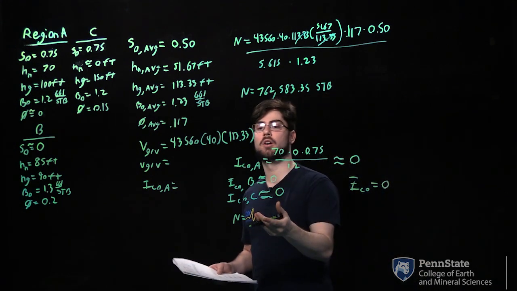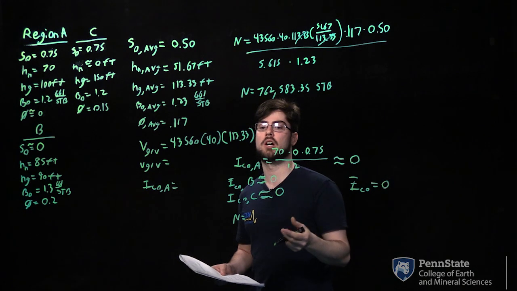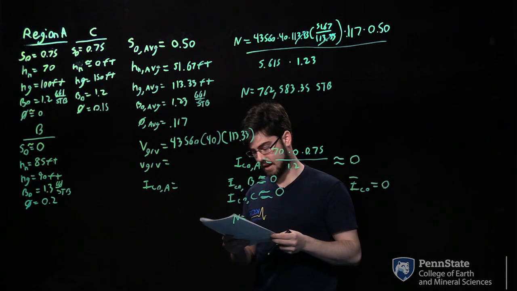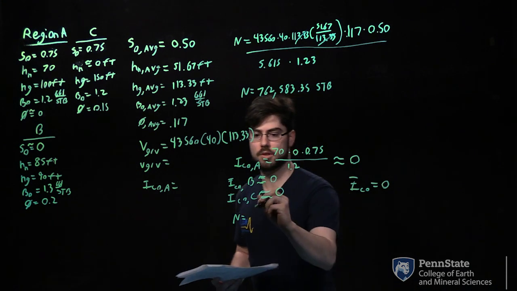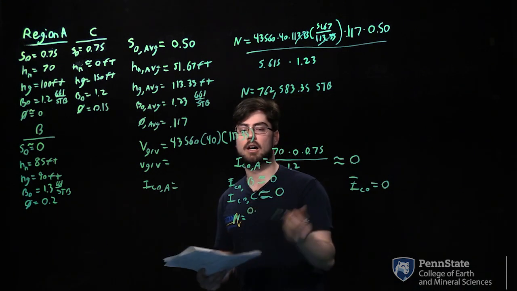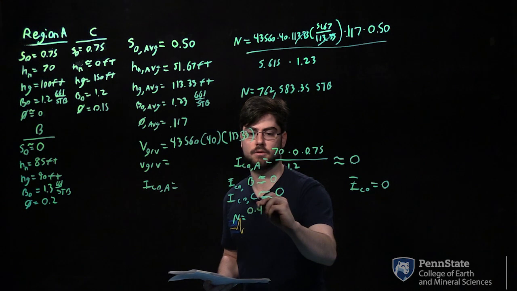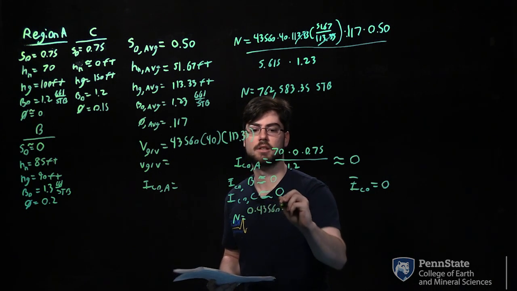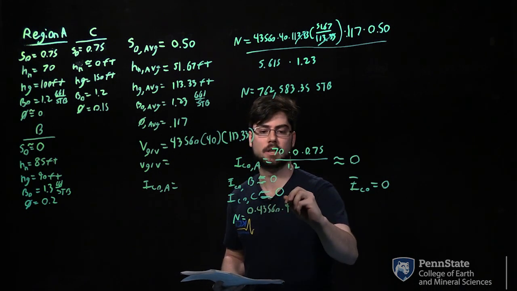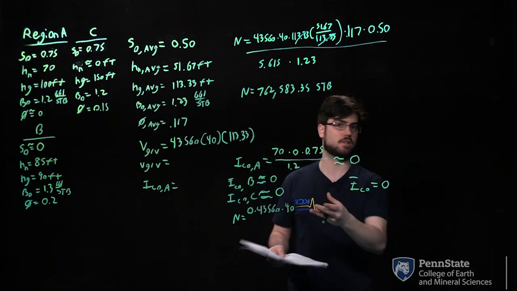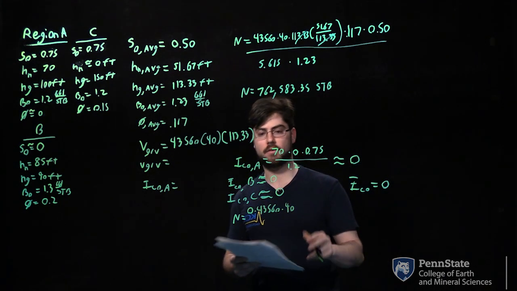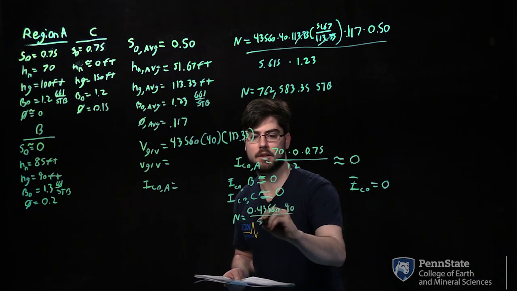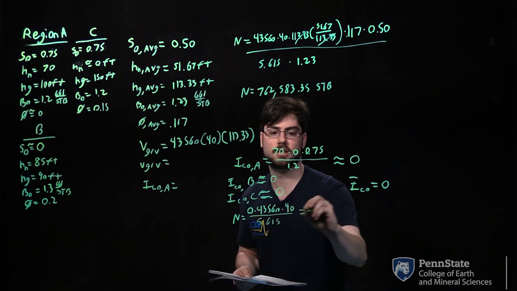So when you're calculating your oil in place using the ISO contour method, you're going to have N times your average ICO, which is just 0, times the VGRV term, which is the 43,560 times 40. And like I said before, the HGs cancel, so we can just ignore that in this case. And then that's just going to be divided by 5.615. So as you can see, this is 0.